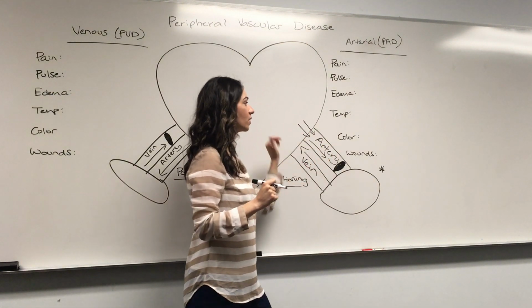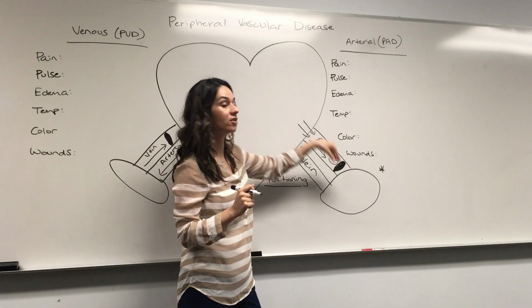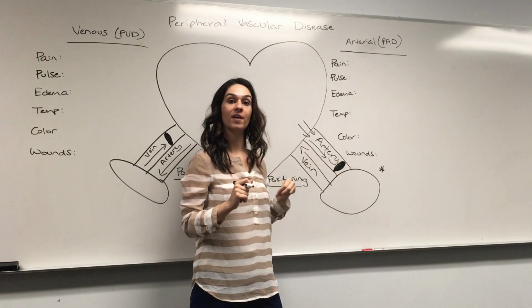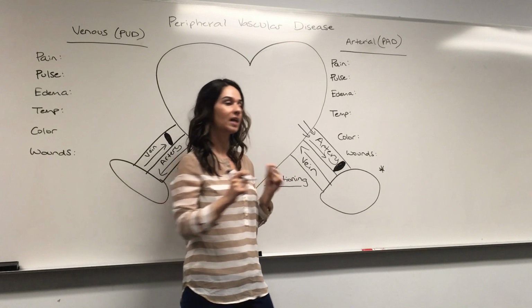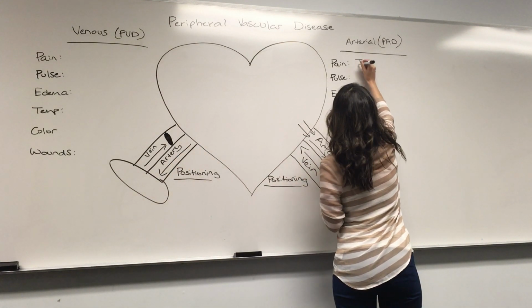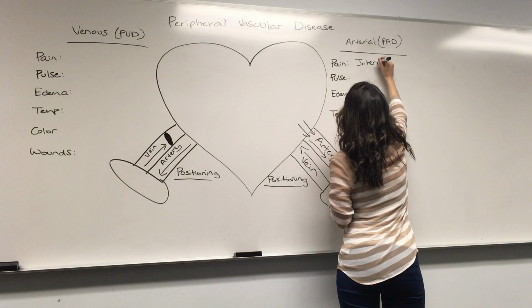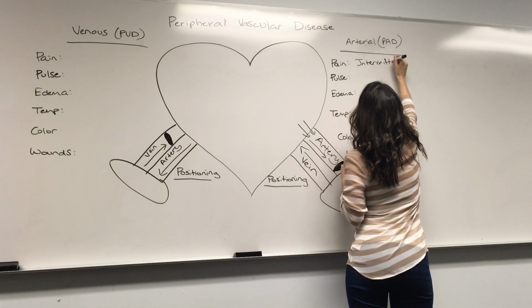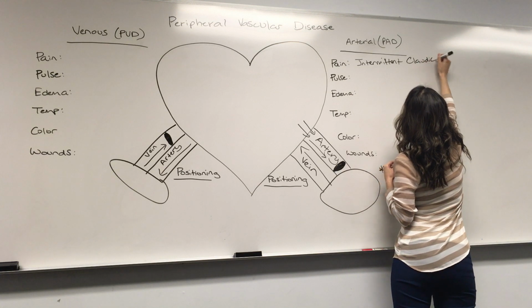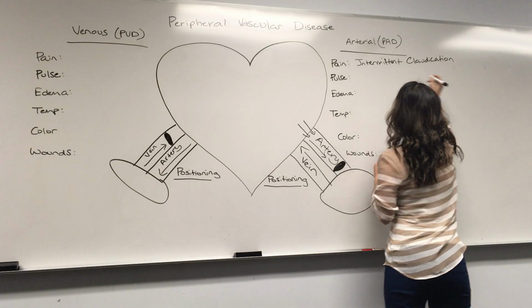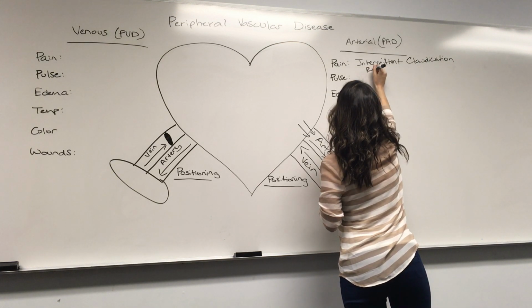With arterial disorders, all this blood is trying to go from our heart to our foot, but cannot get there effectively. So arterial disorders have a very specific type of pain called intermittent claudication. And they also have rest pain.